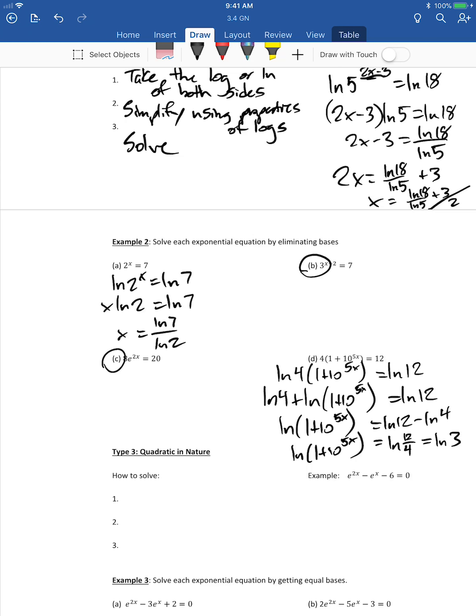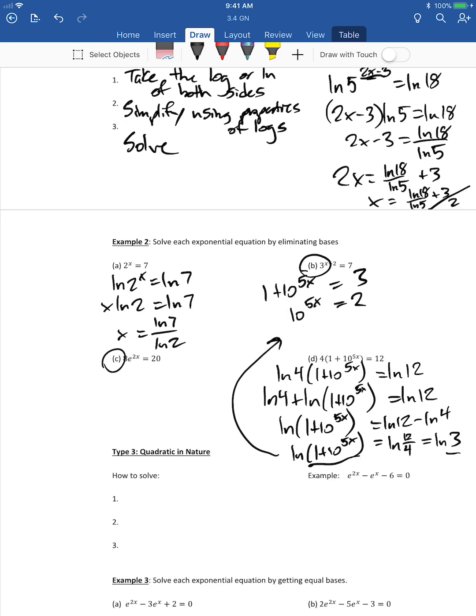Now if I look at both sides, I have the natural log of this equals the natural log of this. So I can drop my logs. I need the 2 arguments to be the same. So I can drop my natural logs, rewrite it like this, and then solve for x.